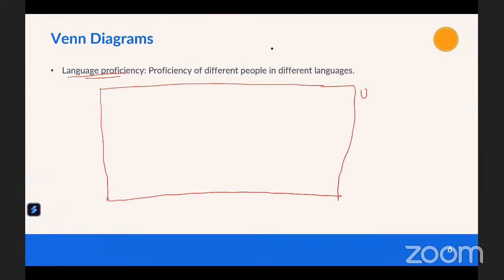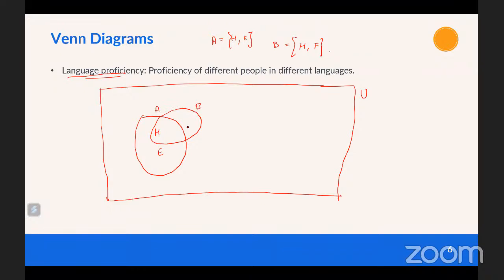Suppose we have a person A who speaks Hindi and English, and we draw this set A as a person who speaks Hindi and English. Okay. Then we have a set B or a person B whose preference is Hindi and French.